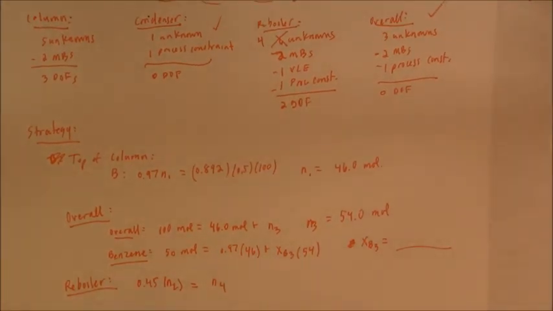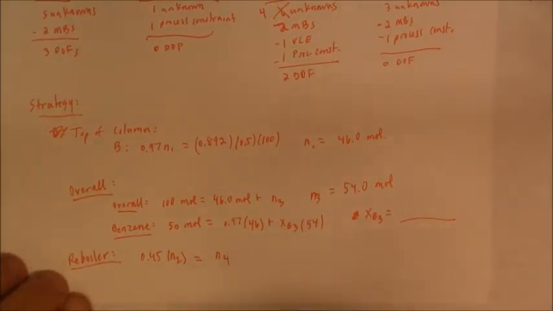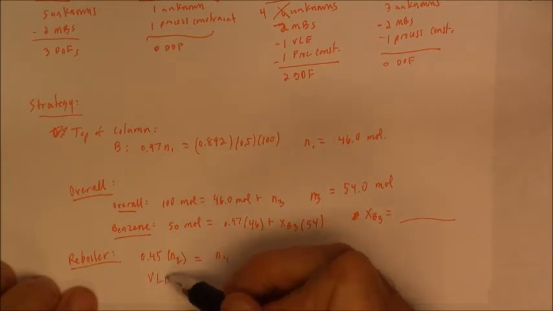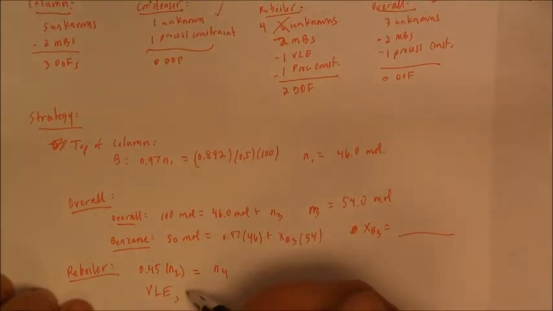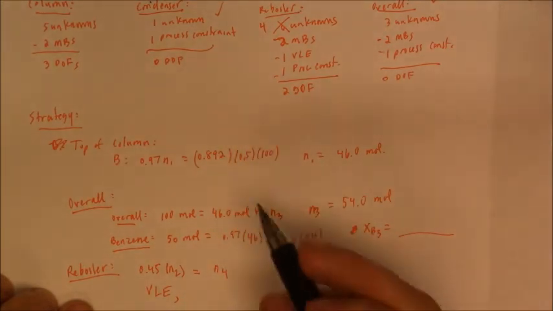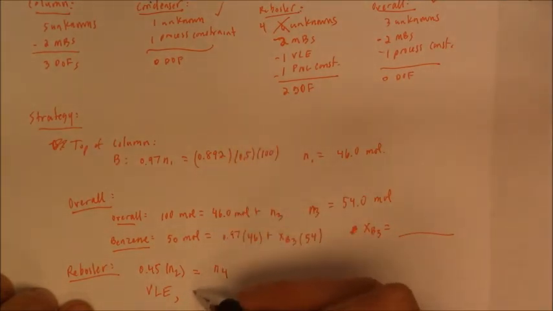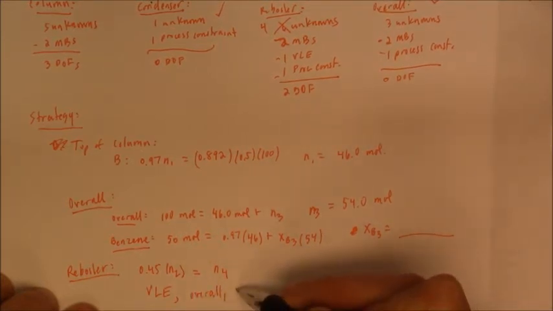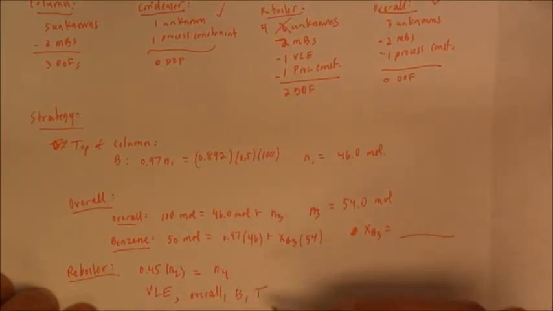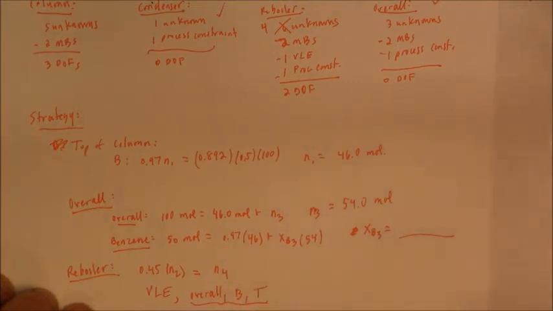We have our vapor-liquid equilibrium expression to relate YB4 and XB4, and then our other relationships are VLE, and a balance on overall, B, and T, but we can only use 2 of these.